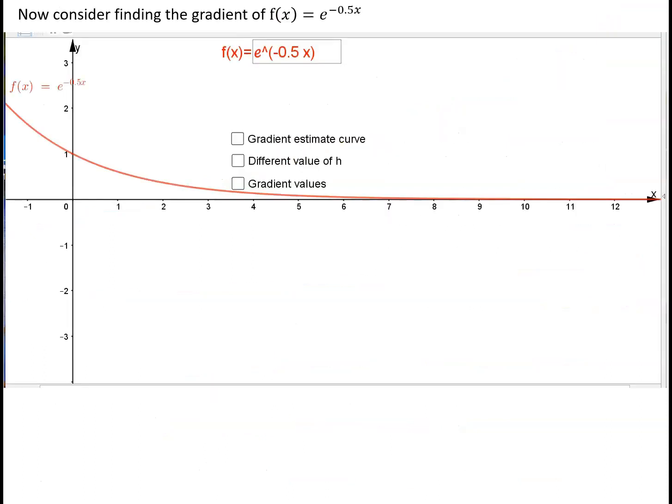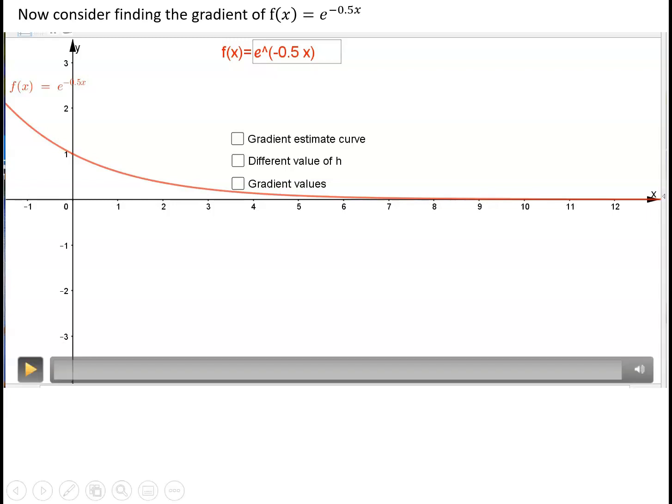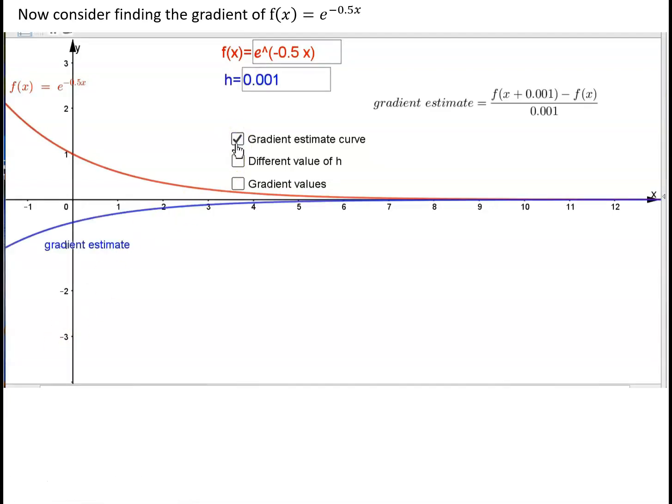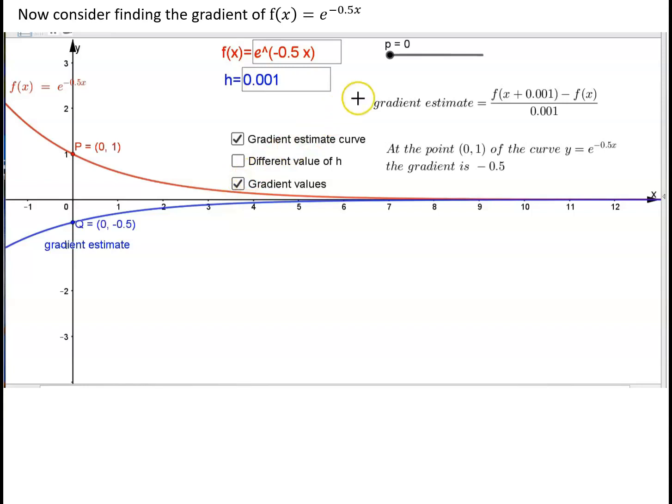Let's now have a look at a second example. In this case, we'll try to find the gradient of f of x equals e to the minus 0.5x. Starting with the curve y equals e to the power of minus 0.5x, we then add the gradient estimate curve and start looking at the gradient values for particular points.